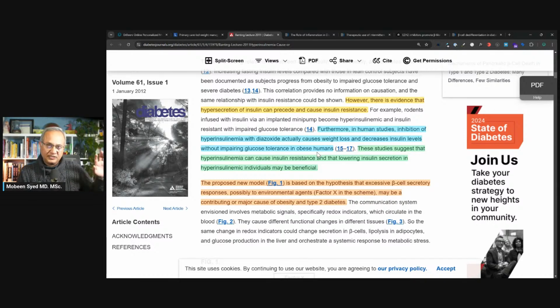So in obese individuals who may have become obese, one, for the genetic predisposition, and secondly, because of hyperinsulinemia, if you control hyperinsulinemia in them, then their diabetes starts becoming controlled even if they have not lost weight.